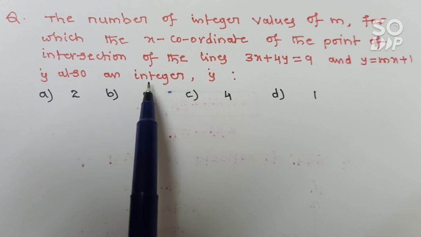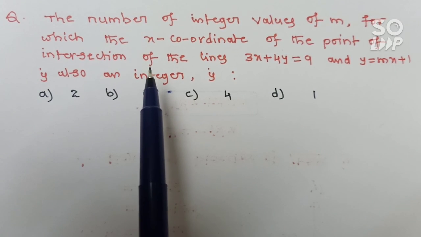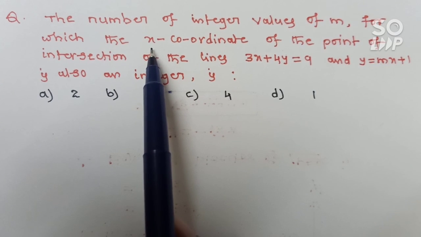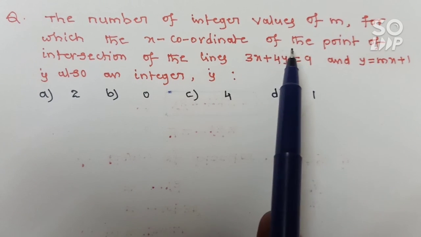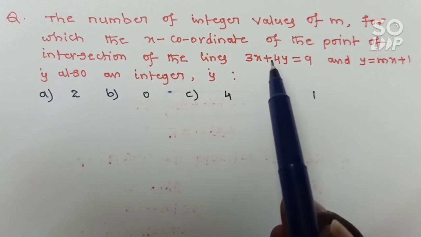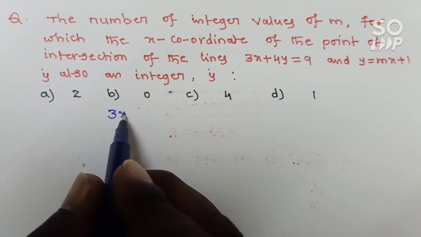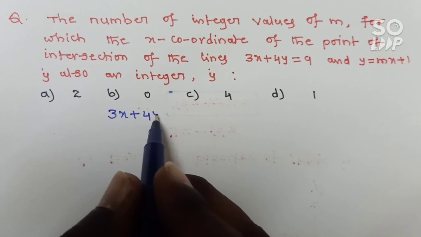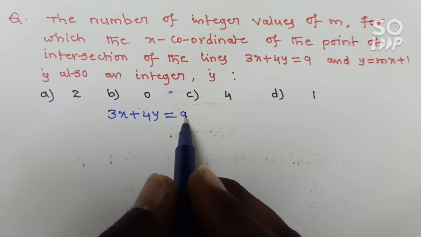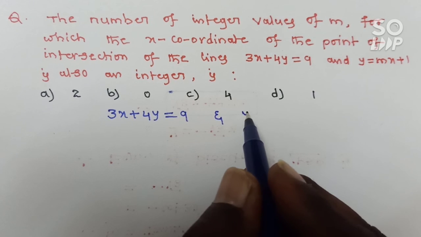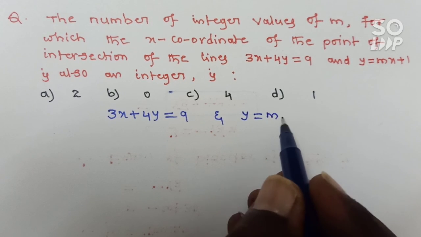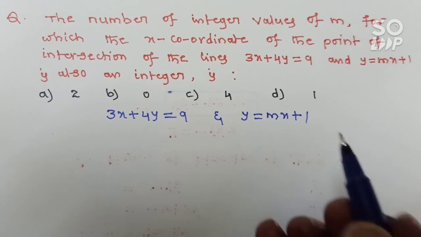So first of all we have to find the x coordinate of the point, that means solving both equations: 3x plus 4y is equal to 9 and y is equal to mx plus 1.